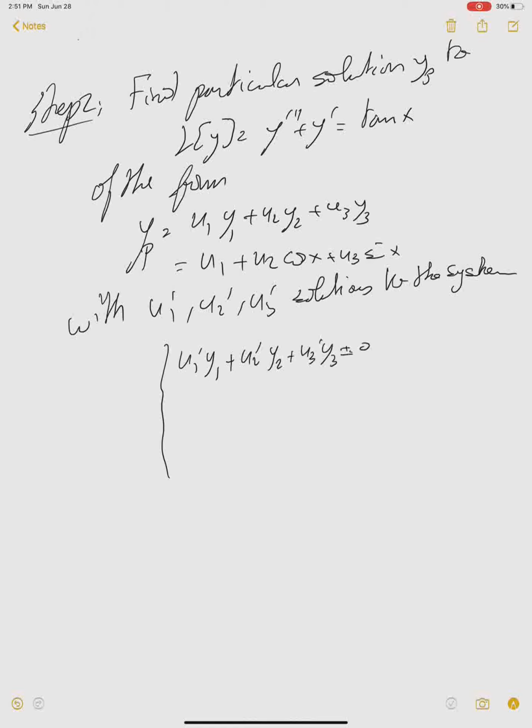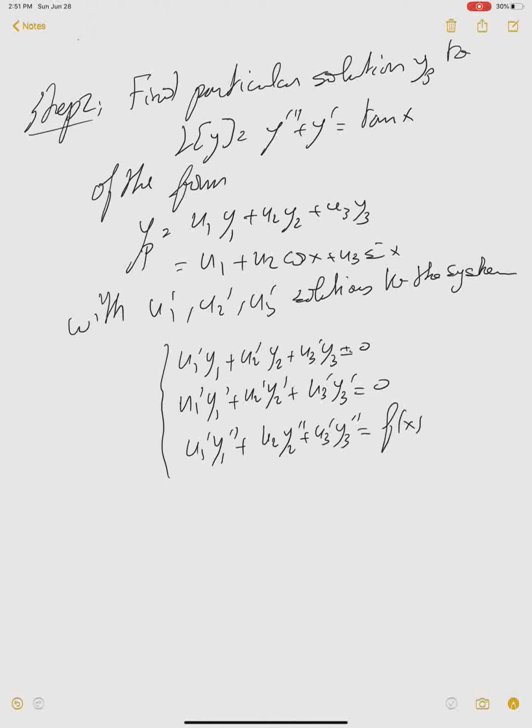We need three unknowns, u1 prime, u2 prime, u3 prime, so three equations. u1 prime y1 prime plus u2 prime y2 prime plus u3 prime y3 prime equal to 0. u1 prime y1 second, u2 prime y2 second plus u3 prime y3 second. This is the third equation. So here I put f of x, the last equation.